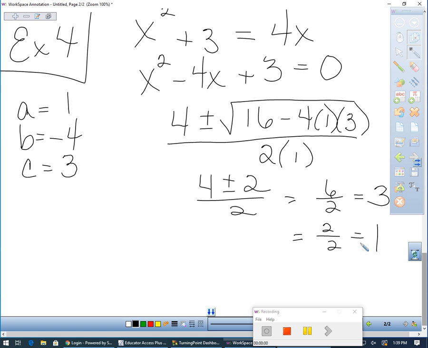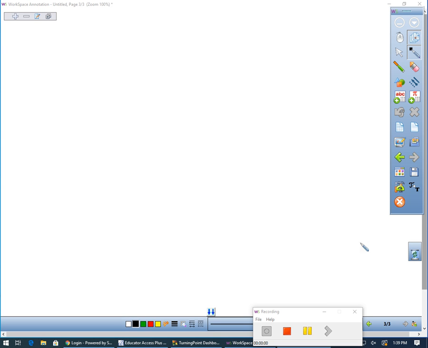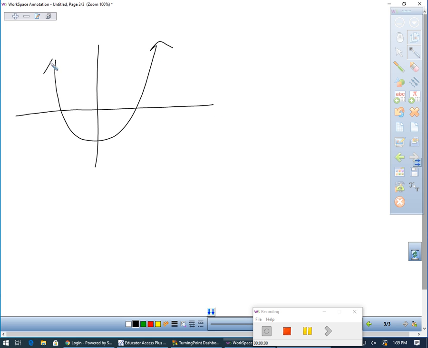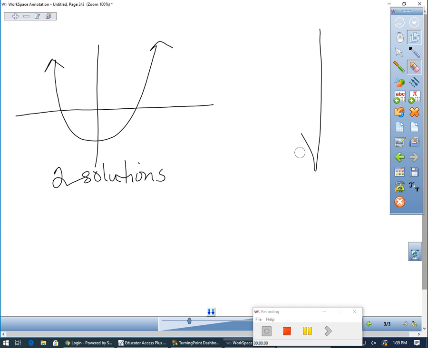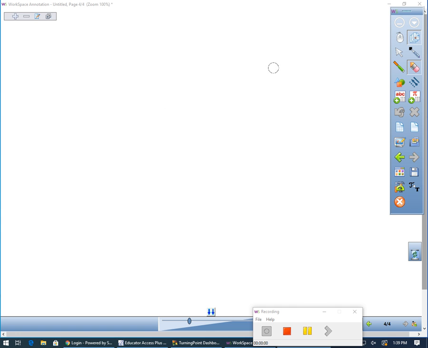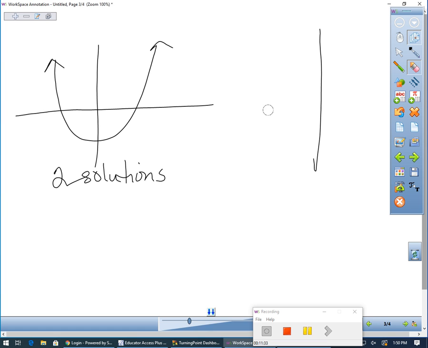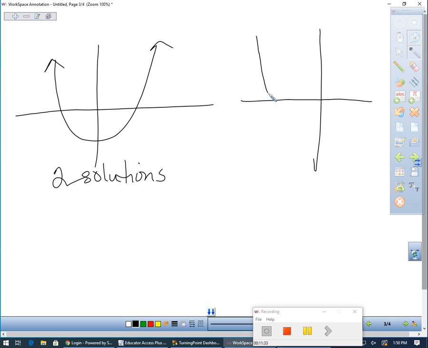Okay. Next thing I want to talk about is there are 3 different ways the solution can occur, okay? So far, mostly what we've been doing is our parabola has crossed the x-axis twice, right? This is 2 solutions. So it's crossed twice. We have had, like on the worksheet yesterday, we had one where the parabola came down and just touched it in one place.